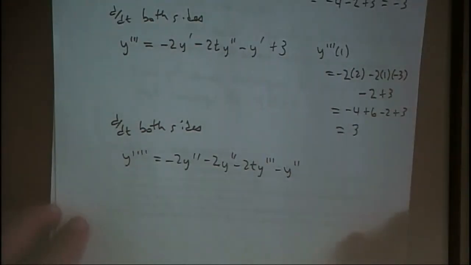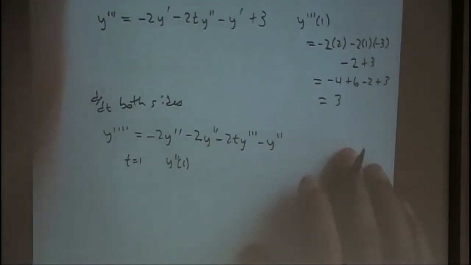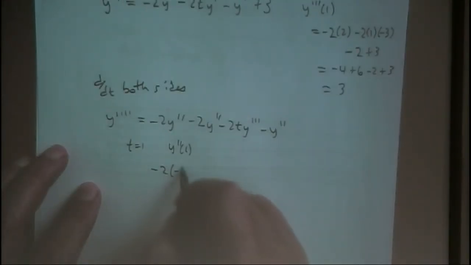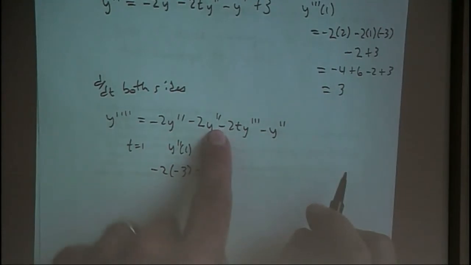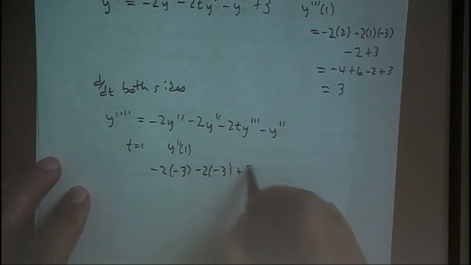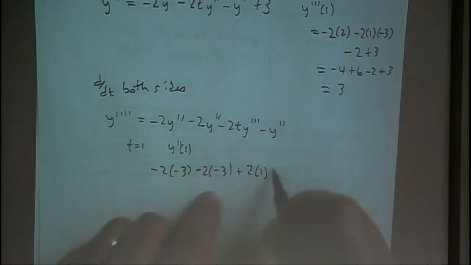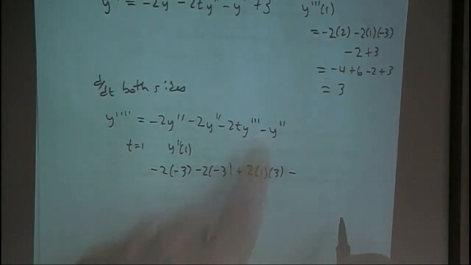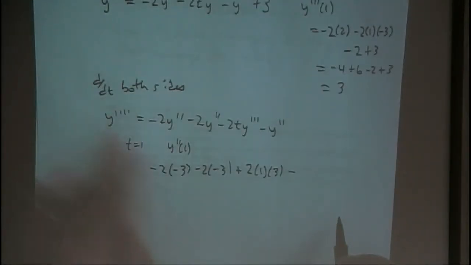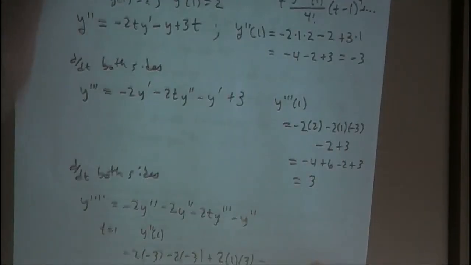So that's what I've got for the 4th derivative. And when we dump 1 in, so when t equals 1 again, we use our previous information. Again, y double prime at 1, we found that out earlier. That was negative 3. So that's going to be negative 2 times negative 3, minus 2, y double prime, again, came up, so negative 3. Plus 2, t is 1, y triple prime, that's 3. Minus y double prime, again, so what's y double prime? Y double prime was negative 3.